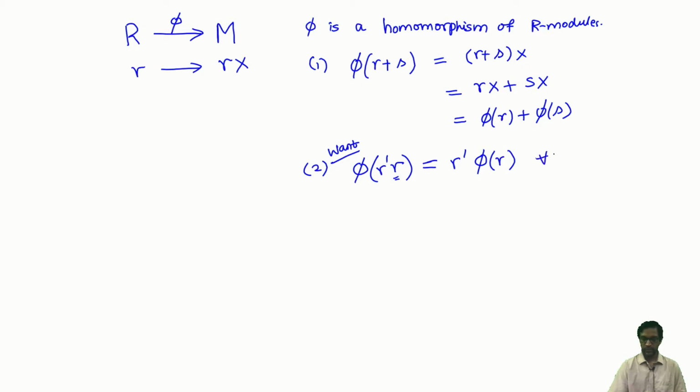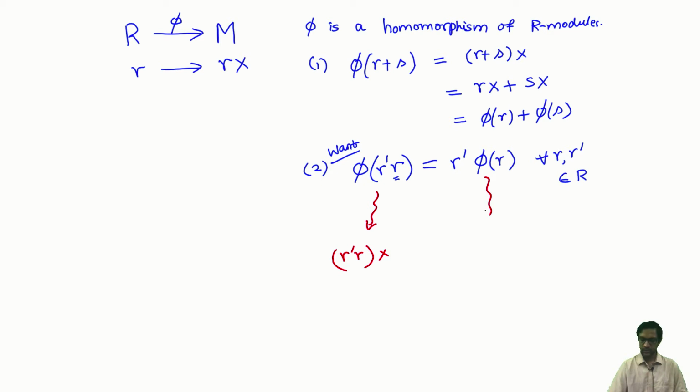I want this to be true for all r dash in R. This is slightly confusing because the ring is also a module over itself in this case, but you should convince yourself that this is exactly the second axiom of a homomorphism. Now let's check that this is true. Let's compute the left hand side: phi of r dash r. By definition, this is r dash r acting on x.